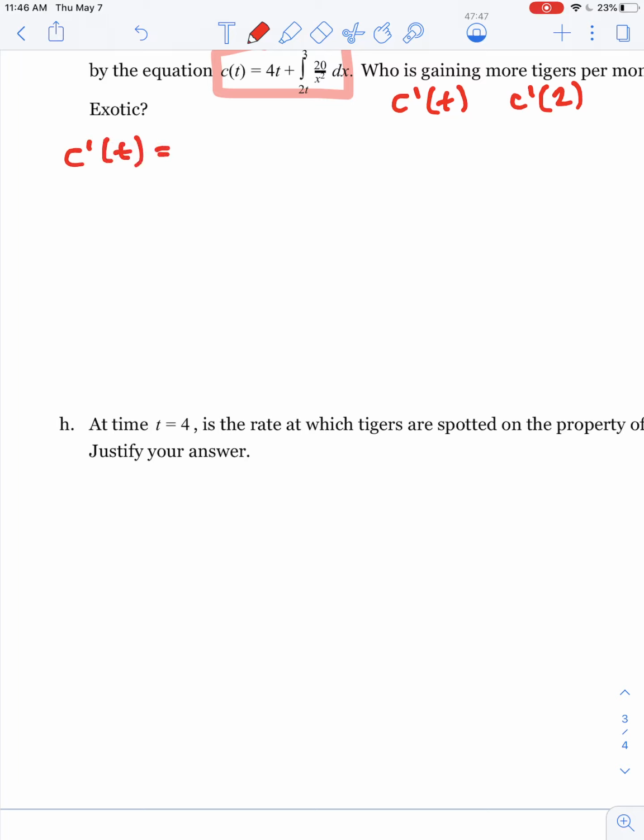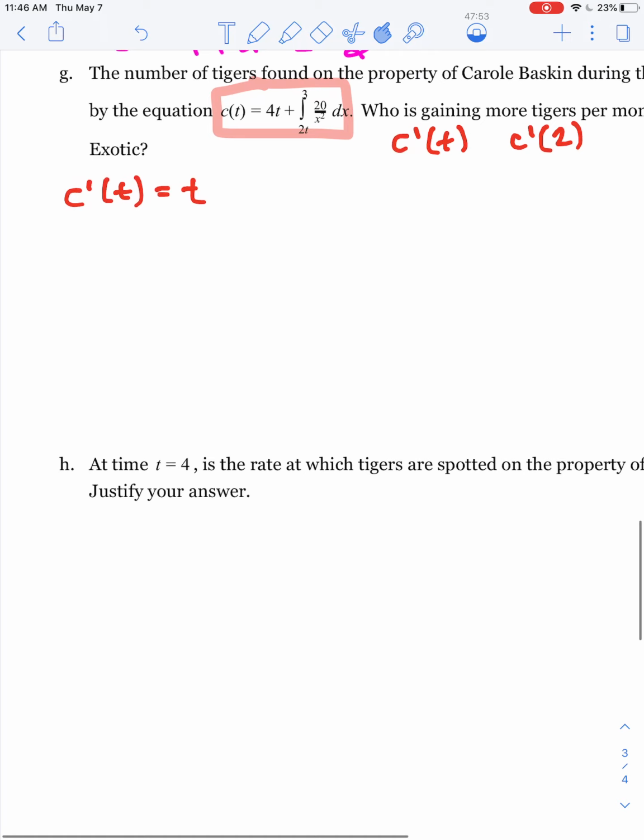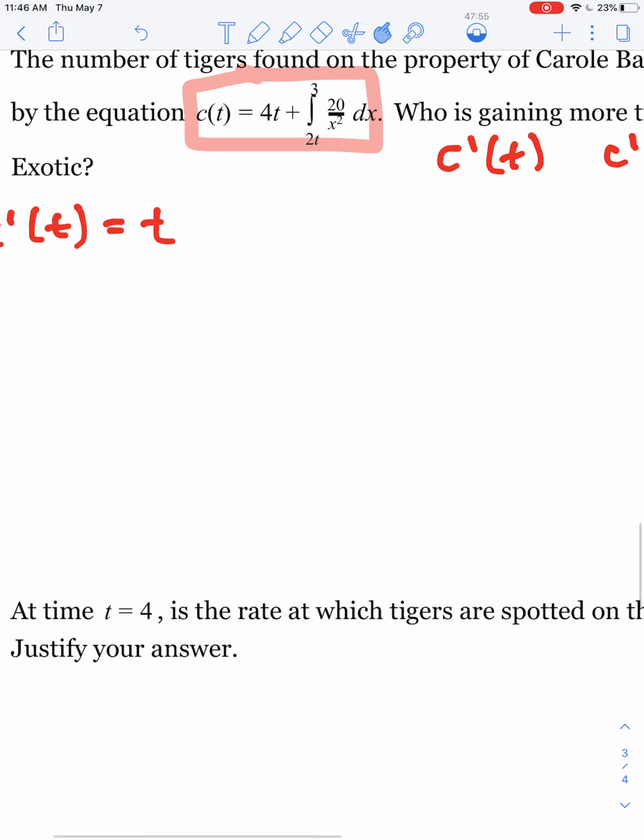The derivative of 4t is just going to be 4, and then in this next step, we're actually calculating the derivative of an integral. Okay, so we need to remind ourselves how to do that utilizing the fundamental theorem of calculus.